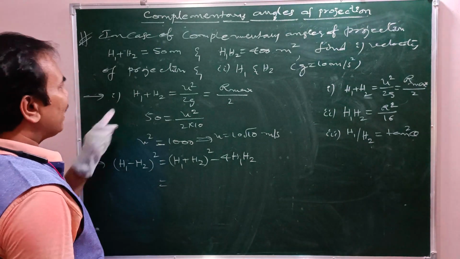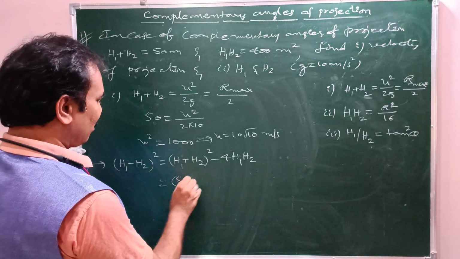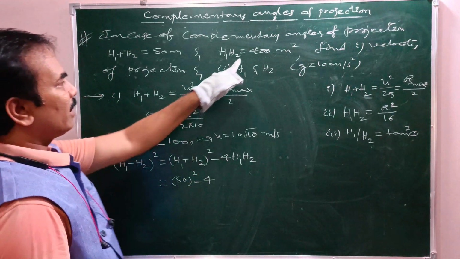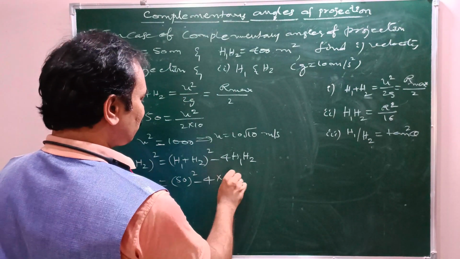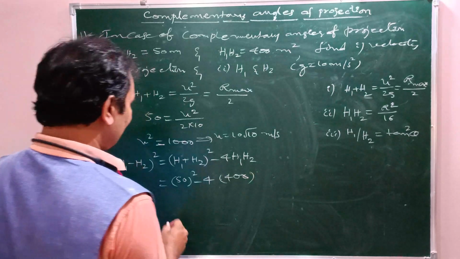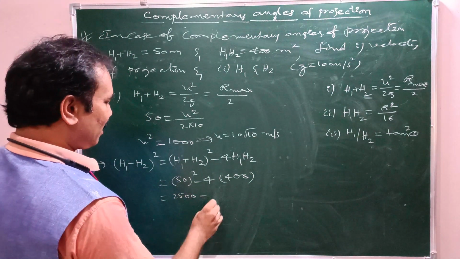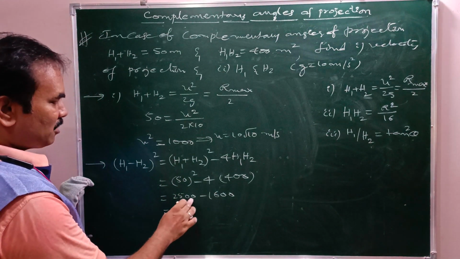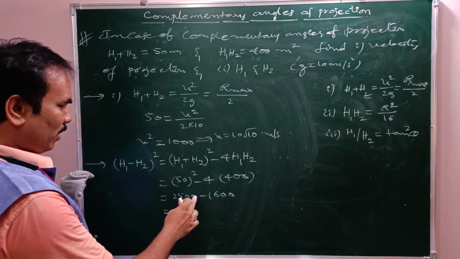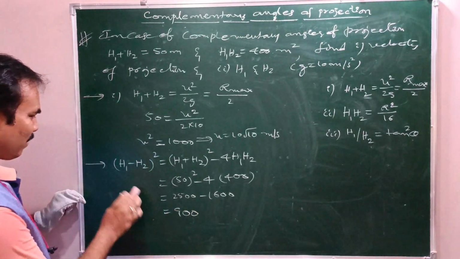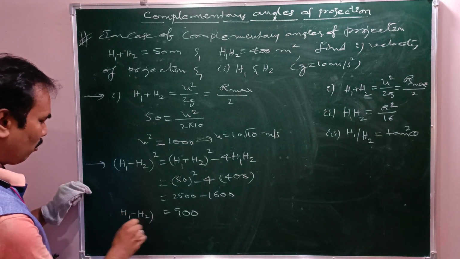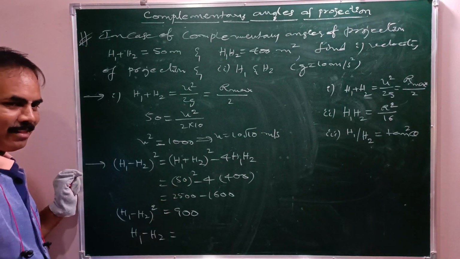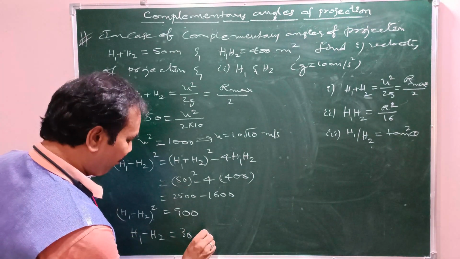That is (h1 plus h2) whole square, that is 50 square minus 4 into h1 h2 product, that is 400. 2500 minus 1600, that is 900. So h1 minus h2 equal to root over 900, that is 30 meters.